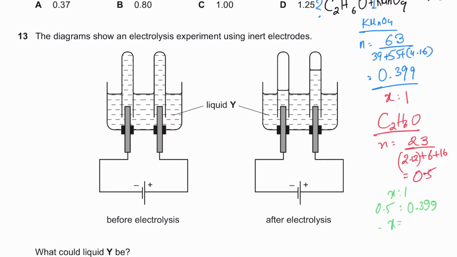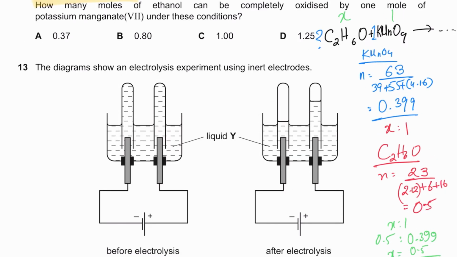So X is going to be 0.5 divided by 0.399. So from this, my calculated answer comes to 1.25. So my final answer is going to be 1.25, which is D.